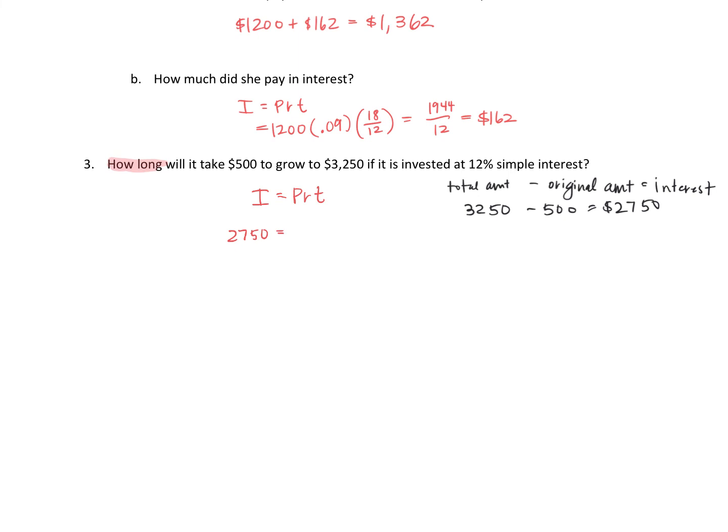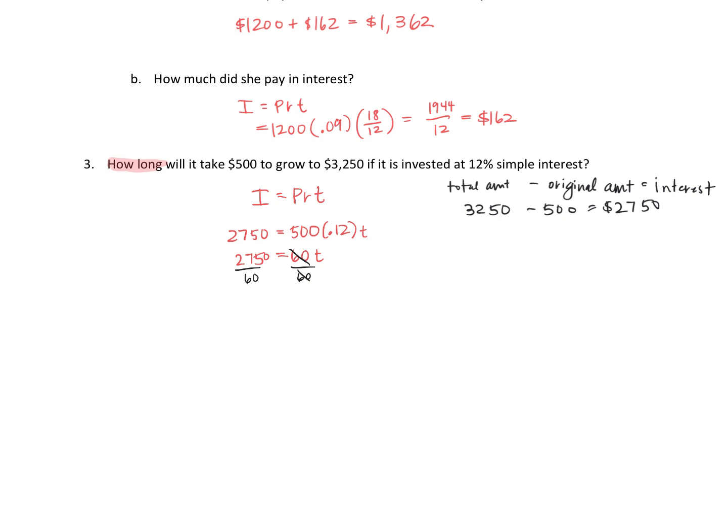The principal was $500. The rate is 12%, so as a decimal, that's 0.12. And the time is what we do not know. And so now we're going to work to figure this out. So we can do 500 times 0.12, and we get 60. So 60t. And then to solve, because we want to get t by itself, we would divide both sides by 60.